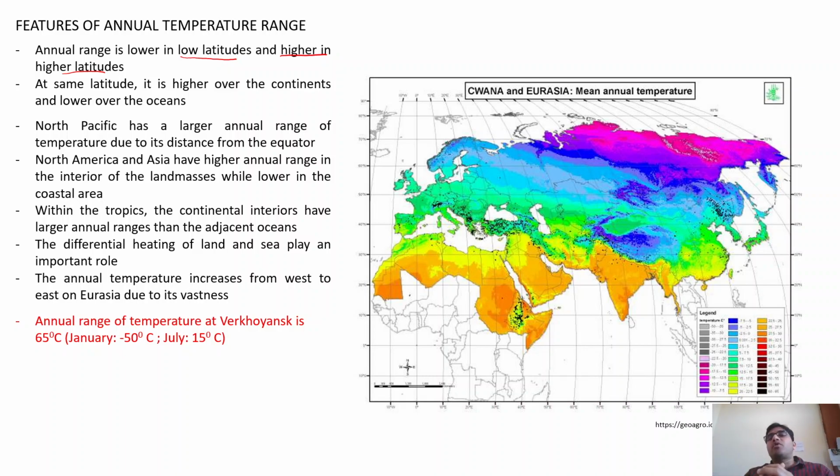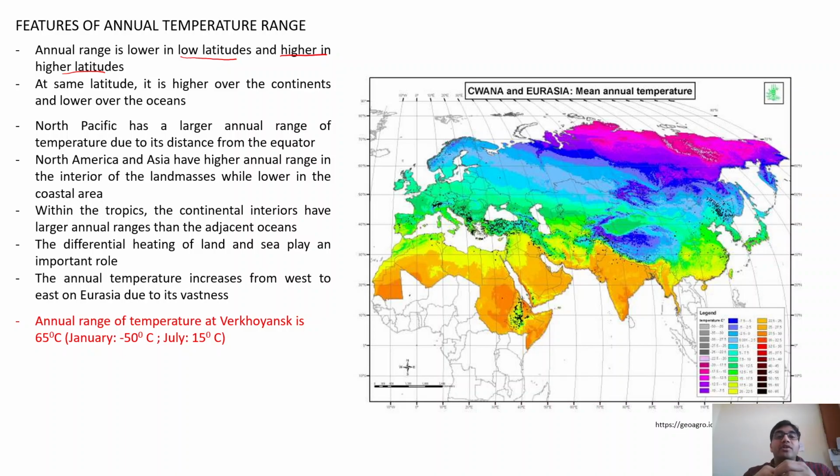But the oceans or the water bodies warm gradually, cool gradually. Therefore, the difference in temperature is not much. As a result, the annual temperature range is less. North Pacific has a higher annual range of temperature due to its distance from the equator. So as it goes far from the equator, it gets a higher temperature range.